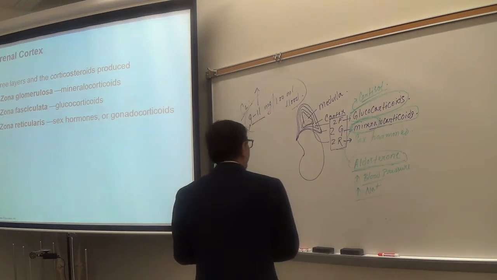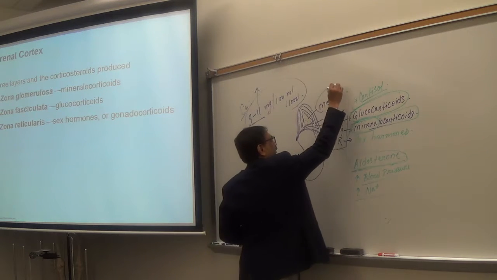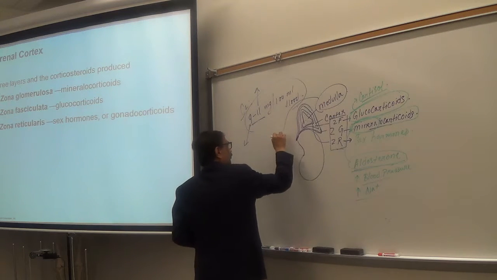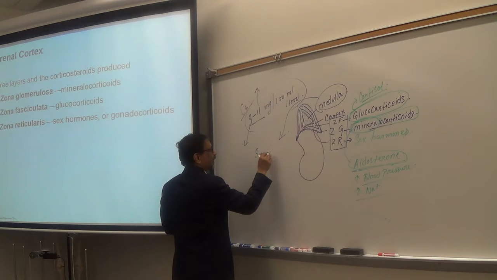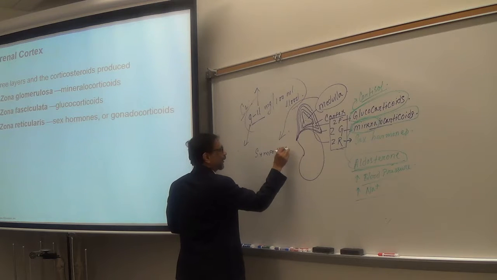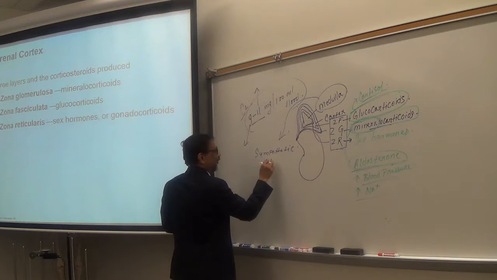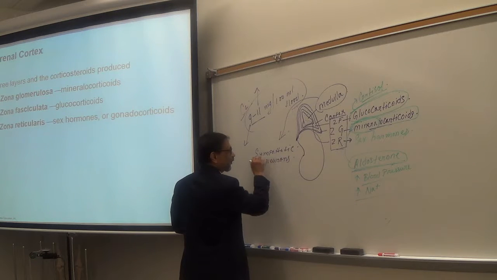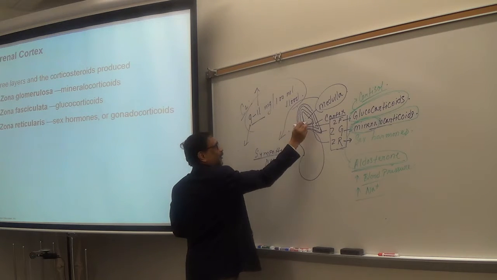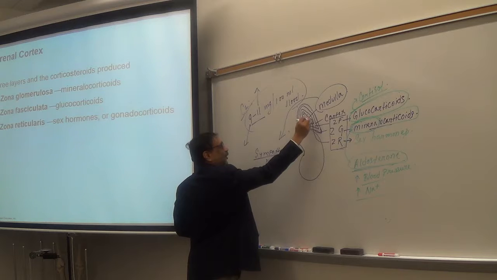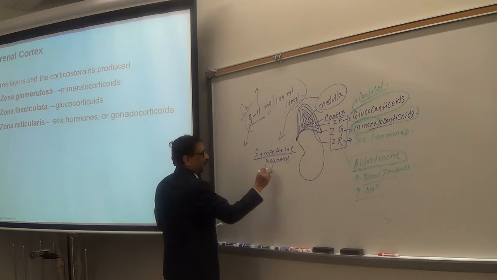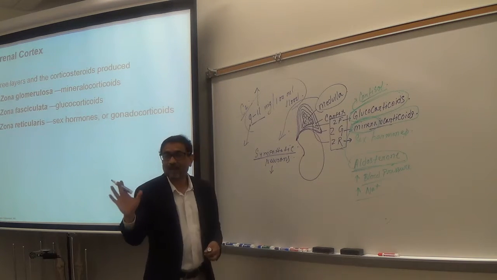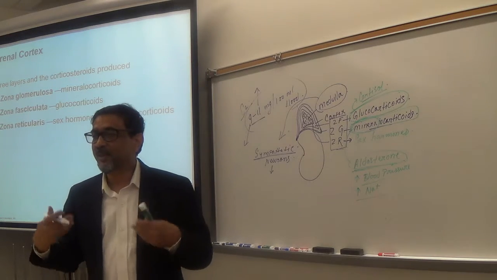Now let's see the medulla. The medulla part is formed by sympathetic neurons. You already know sympathetic. So many sympathetic neurons are here in the medulla, and these neurons, you already know, sympathetic activation secretes what?